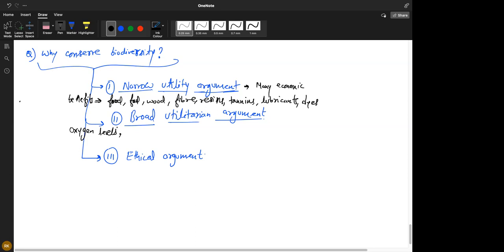You can survive without natural lubricants, dyes, perfumes. But you cannot survive without oxygen, correct? So that is one broad utilitarian argument for which we have to conserve nature. And oxygen is such a thing that everyone realized the value of it, especially during this COVID in the last 2-3 years, correct?